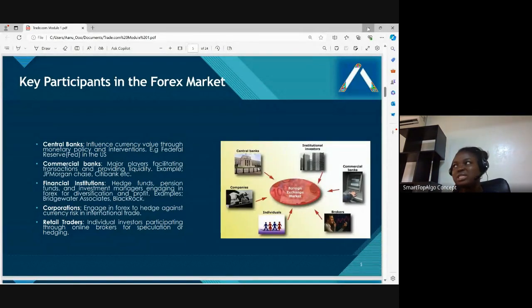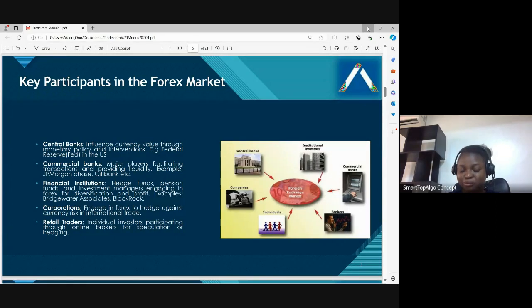When they notice that the value of their currency is going too high, they put in place some monetary policies to control it. An example of this: in Nigeria, we have the CBN, the Central Bank of Nigeria. In the US, we have the Federal Reserve, and so on.